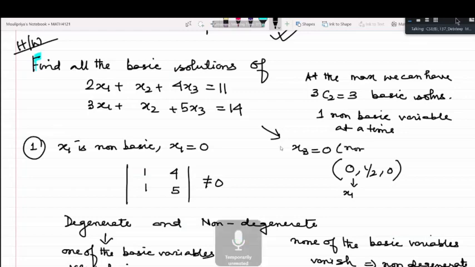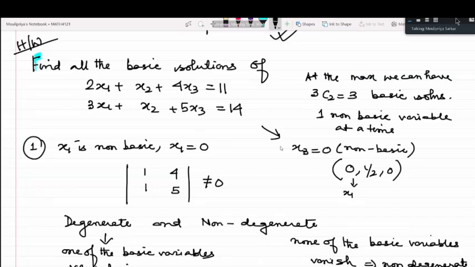So if you're assuming x3 to be non-basic, and suppose x1 becomes equal to 0, x1 though being basic becomes equal to 0, the solution is said to be a degenerate basic feasible solution. Am I okay with this?